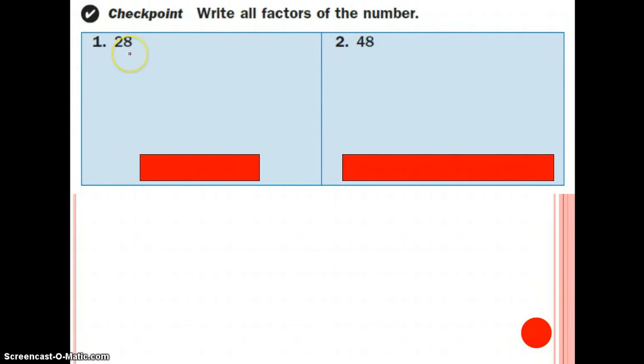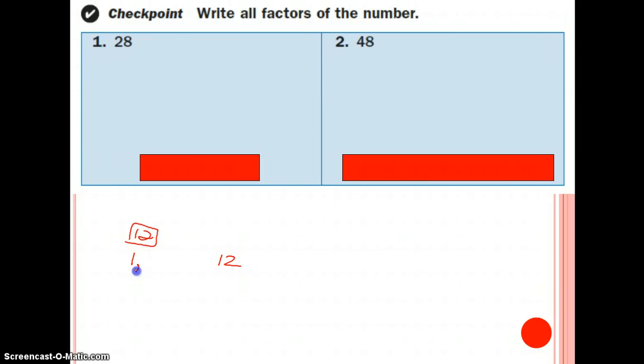You're going to write all factors of the number. When you write all factors, let me just give you a quick refresher. If I was writing the factors for 12, that would be 1 times 12. And I kind of make a list. Somebody called it a rainbow. You're going to connect them, but they're going to be at the end.